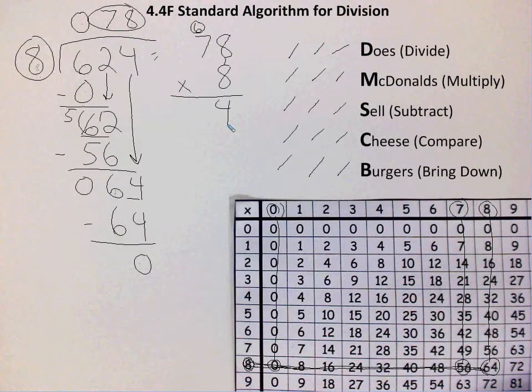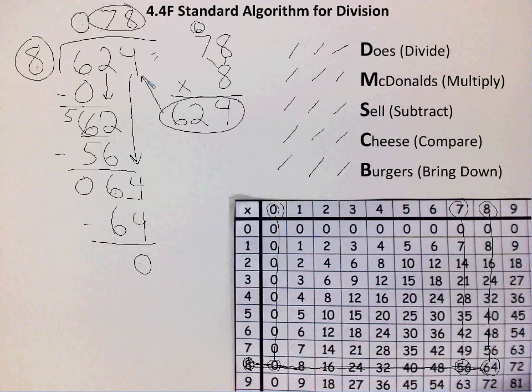Then I multiply across. 7 times 8 is 56, plus 6 is 62. And my product right here should match my dividend right here. And if it does, I've done it correct. And so we got the correct answer.